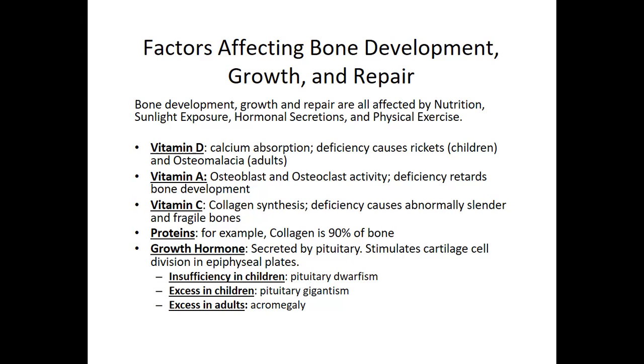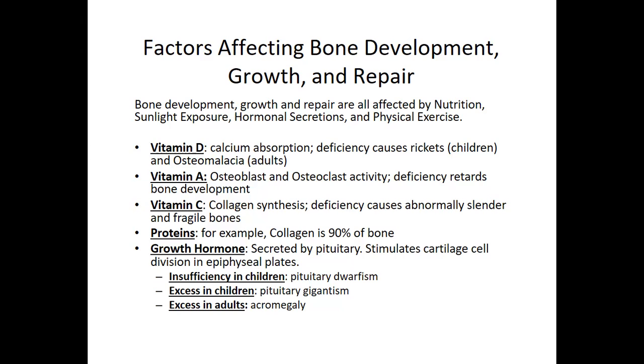When this happens, growth hormone will be secreted, and an excess will be secreted. But because adults no longer have a growth plate in order to make bones grow longer, it still affects the bones. They're just not going to grow longer. What they're going to do is grow thicker.